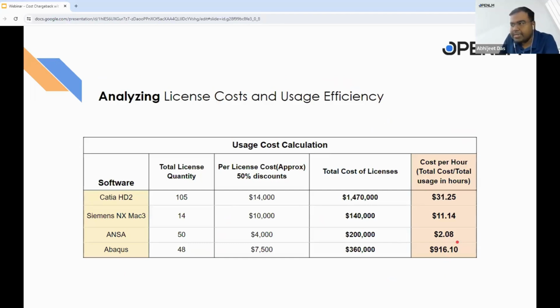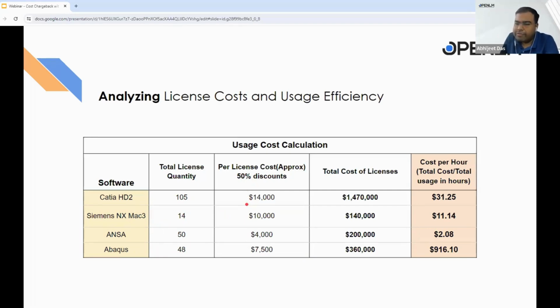Now let's analyze the license cost and usage efficiency. This is from our inventory. We can also check the total license quantity for that particular period of time. For H1, the first half of the year, we had 105 CATIA HD2 licenses, 14 NX licenses, 50 ANSA licenses, and 48 Abacus licenses. Now, the per license cost is just an approximate cost.